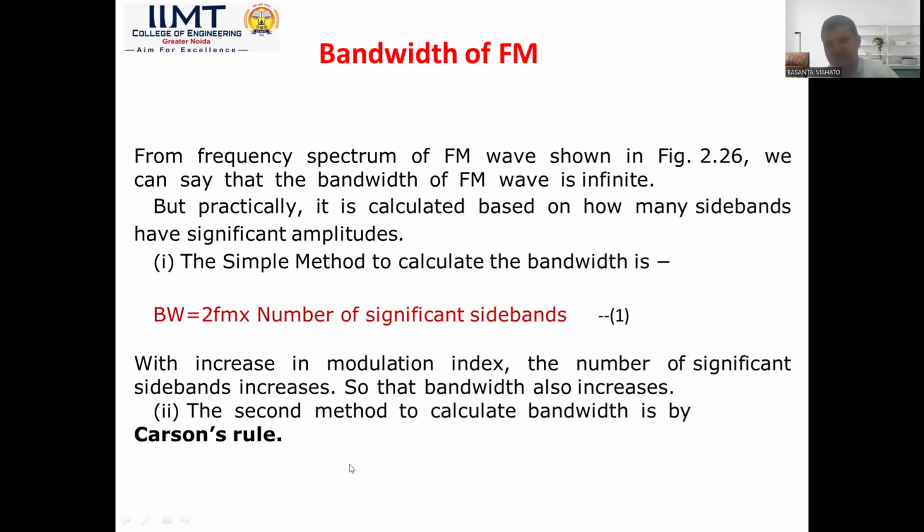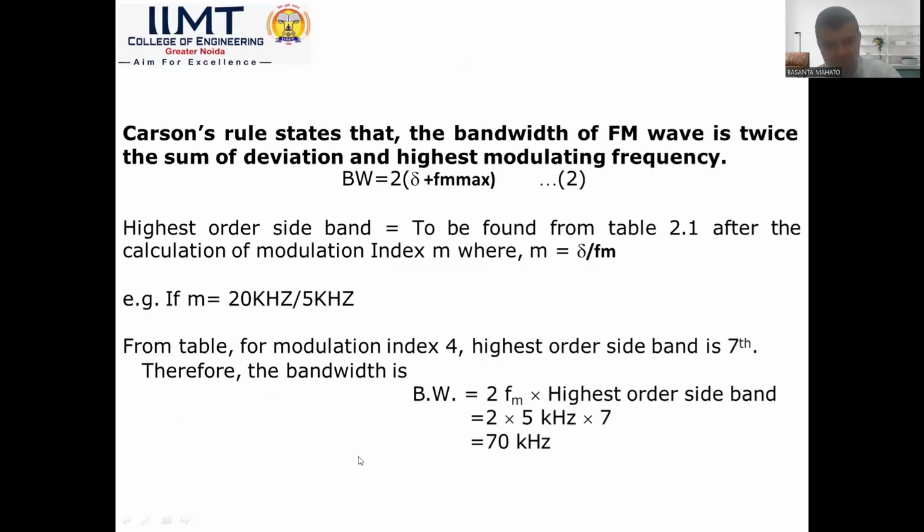The second method is called the Carson rule. Carson rule states that the bandwidth of the FM is twice the sum of the deviation plus the highest modulating frequency: 2 into delta plus F maximum. The highest order sideband is to be found from the next table.